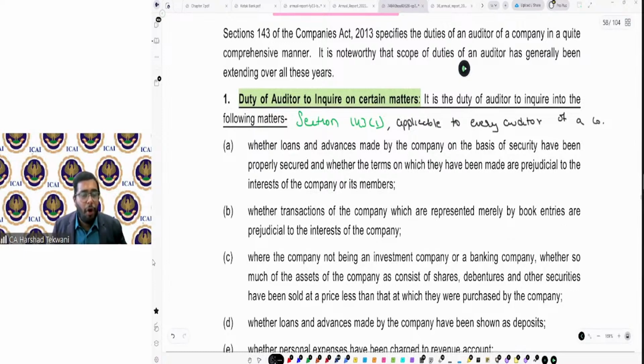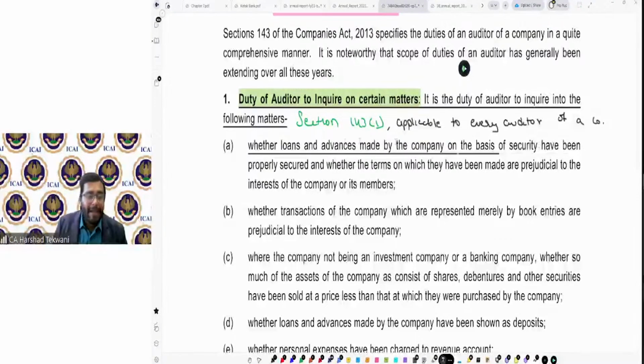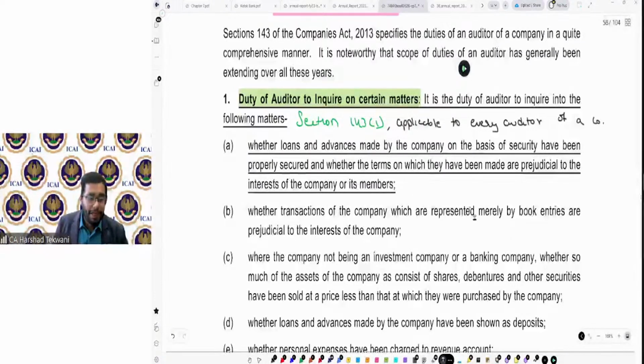Now, what do these duties talk about? These duties say that the auditor is required to report first whether the loans and advances made by the company on the basis of security have been properly secured, and whether the terms on which they have been made are prejudicial to the interest of the company or its members.